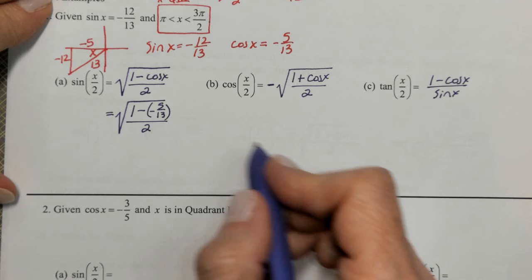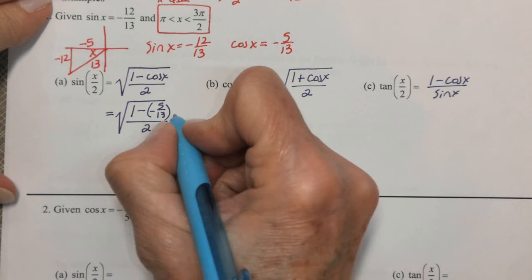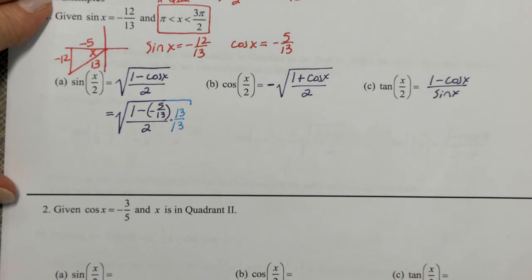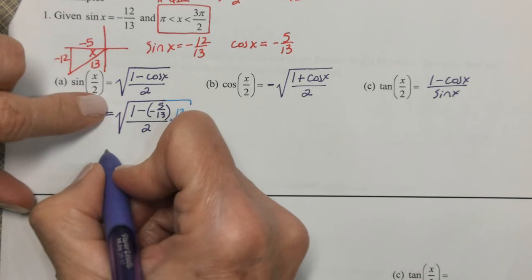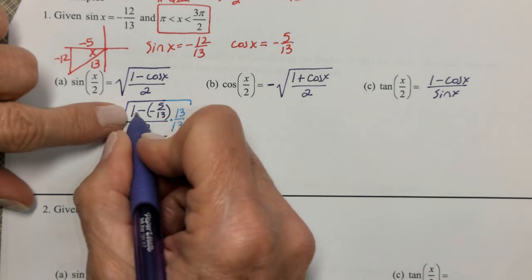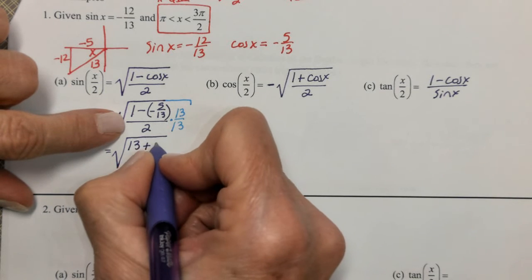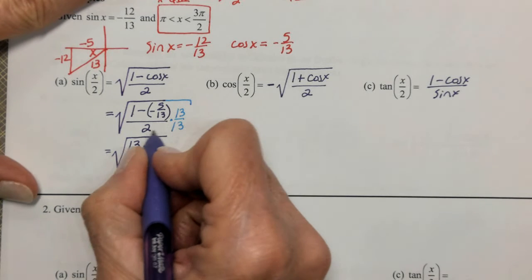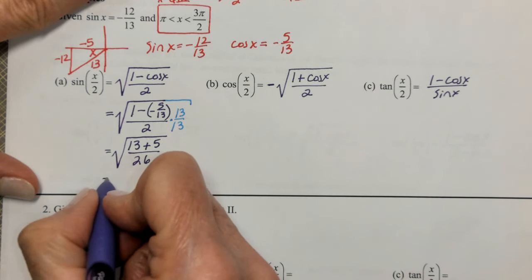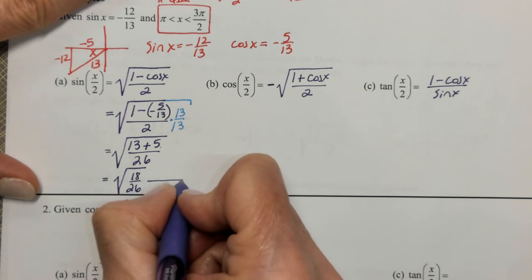We're going to have to simplify these for multiple choice questions. I'm going to multiply top and bottom by 13. So this is going to be positive 13 times 1, plus 5. The 13s cancel out and I'm just left with 5 over 2 times 13, which is 26. And that is the square root of 18 over 26.